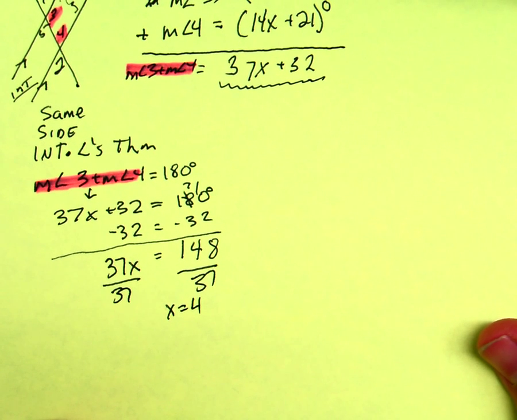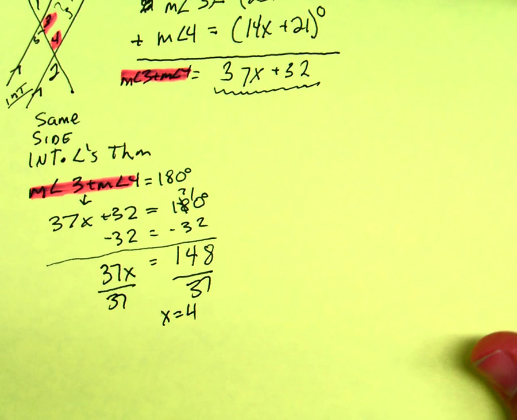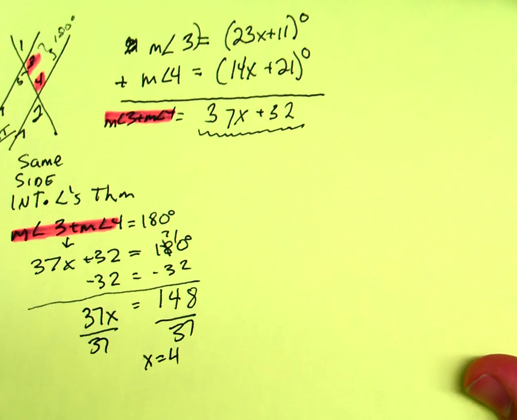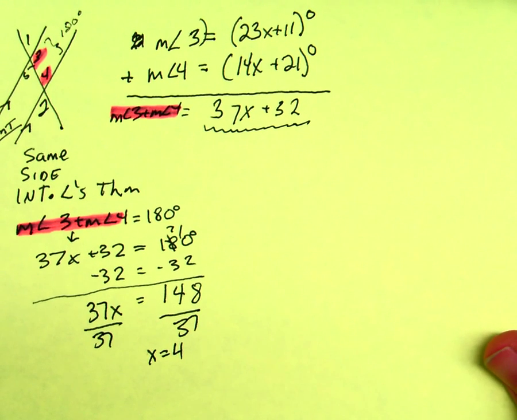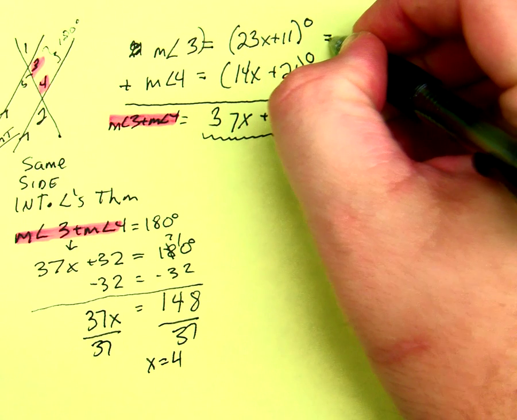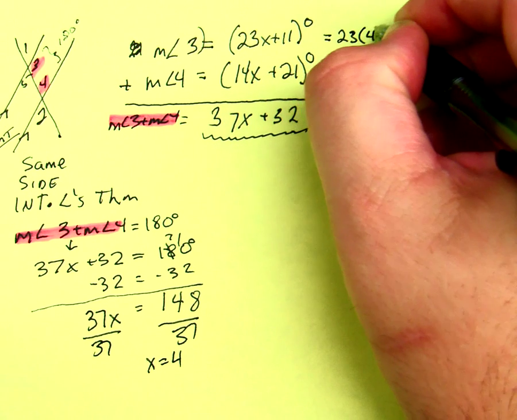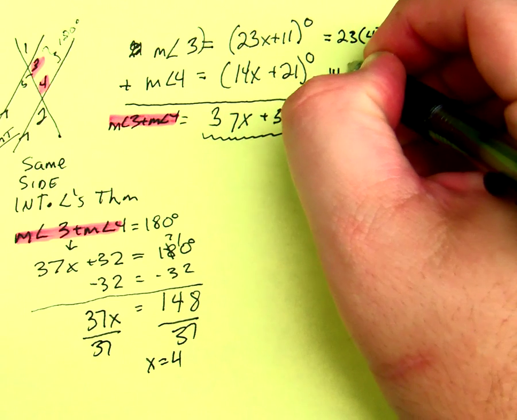But that's not the end of the problem. The problem says, what's the measure of the angles? I know my x now, so I can go up to here and say, all right, this is going to be equal to 23 times 4 plus 11, and this one's 14 times 4 plus 21.